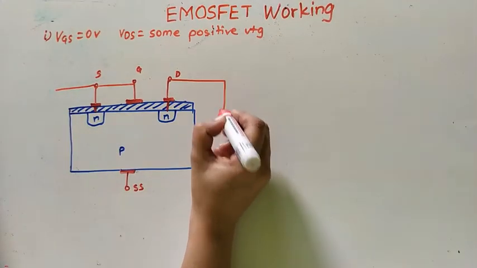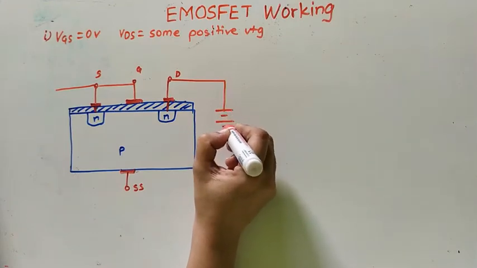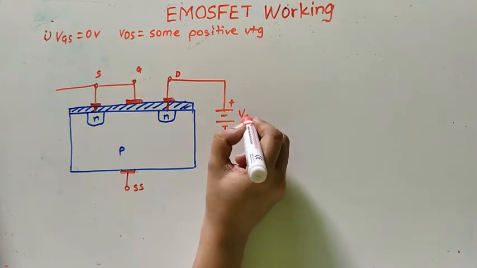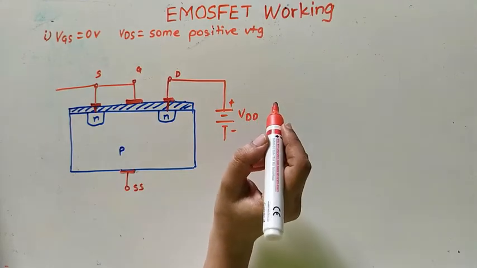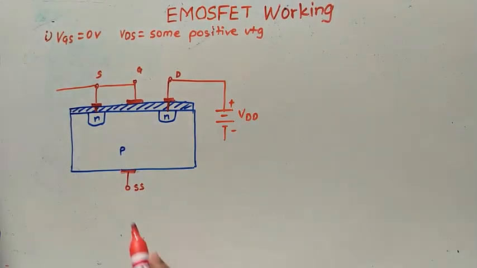For the drain terminal, we will connect the positive terminal of the battery. Let's consider this as VDD, and the substrate terminal is grounded.